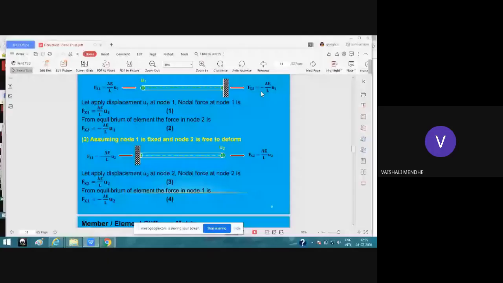So from this, with the relation F is equal to K delta, as K is equal to A by L, we got the nodal forces at node 1 and node 2, because we are interested in finding the force in the member. That force you can get from the relation K into delta. If you know the value of K and the value of delta, you can find the force.